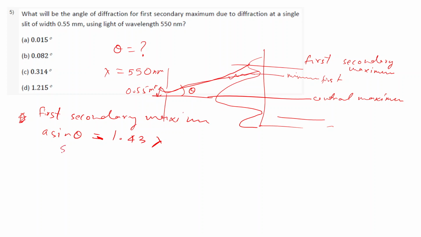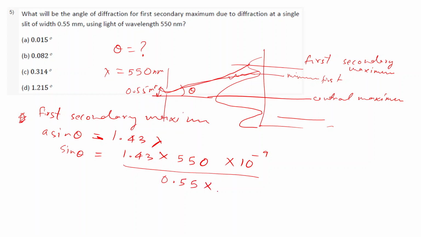Now sine theta here will become 1.43 times lambda, which is 550 nanometer. We change it into meters, it will be 10 to the power minus 9. Divided by A, which is 0.55 millimeter. Now again millimeter to meter, if I convert, it will be 10 to the power minus 3.